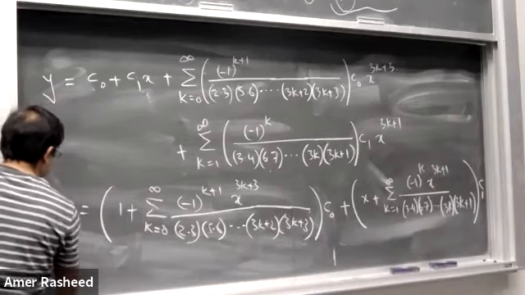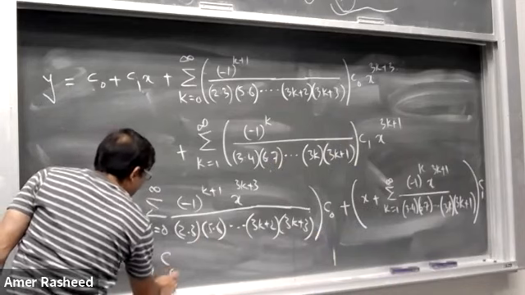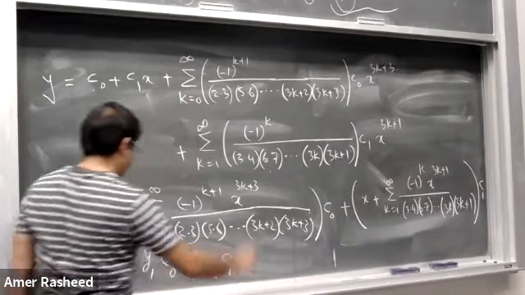This is your general solution. Y is equal to y1 c naught plus y2 c1.